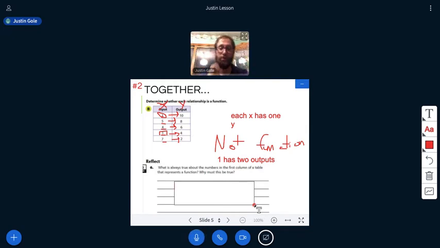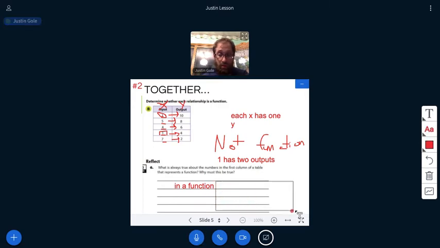So what I hope you guys noticed is that in a function, x values can't repeat. So the numbers on the left side, the inputs, the x's, can't repeat. Inputs don't repeat, or it's not going to be a function.